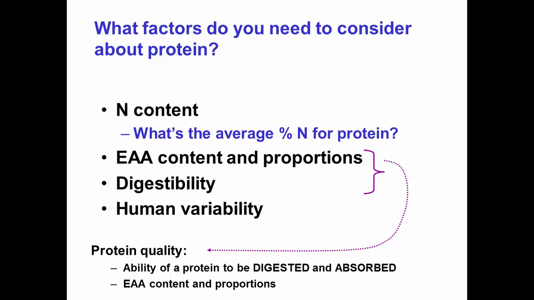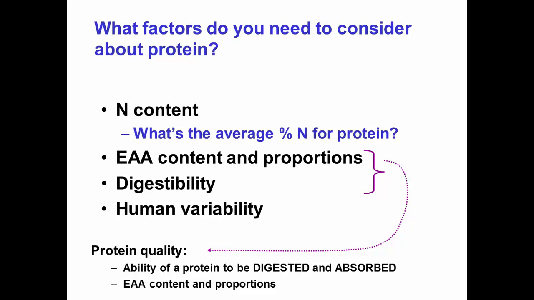So when we talk about protein quality, do we have essential amino acids in the right proportions to really optimize the building of protein from them? And how well does that protein get digested and absorbed? That's going to impact protein quality.